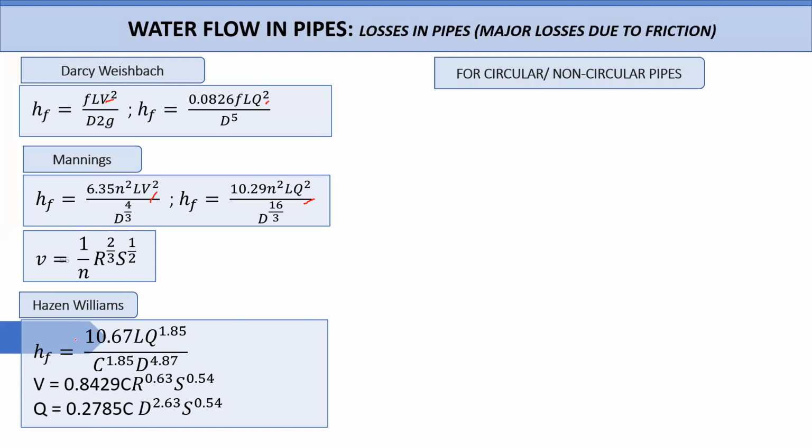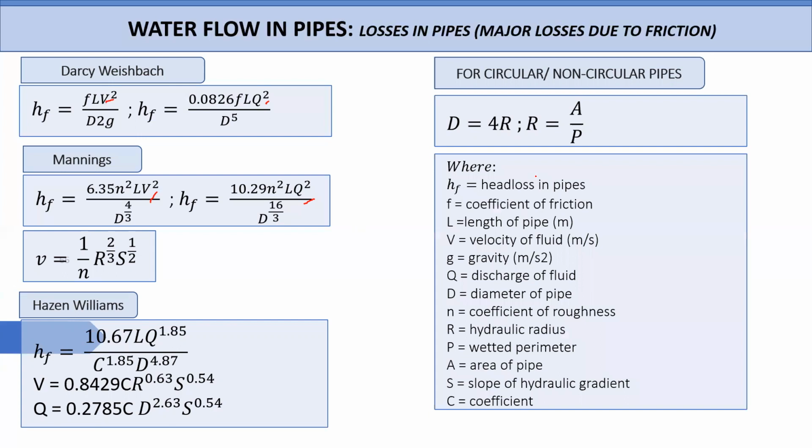For circular and non-circular pipes, our D is equal to 4R, where R is the hydraulic radius, and R is equal to area over wetted perimeter. So these are our representations.